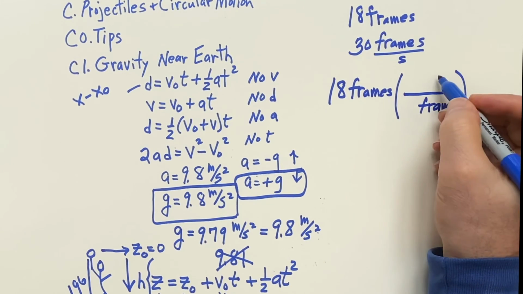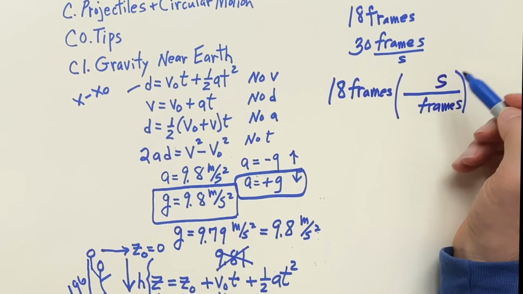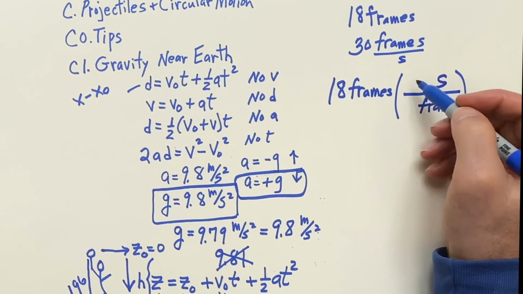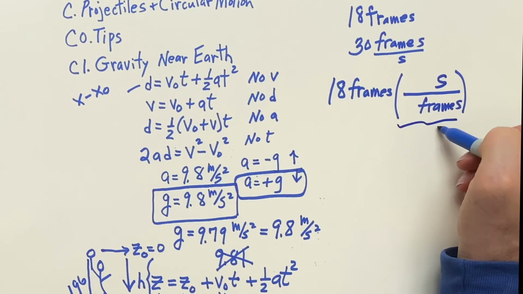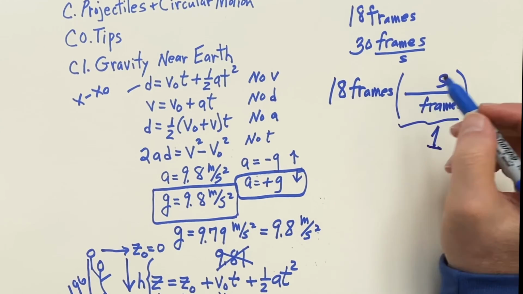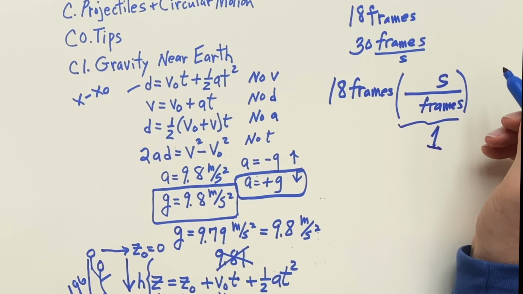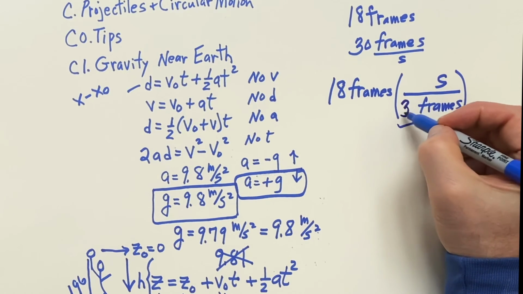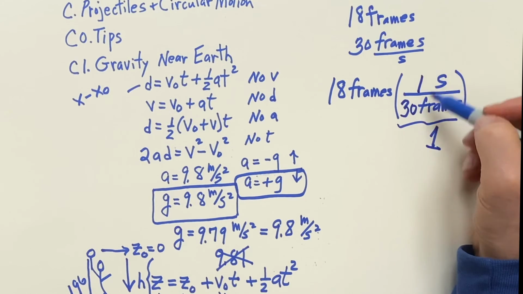So frames cancel, and then I get seconds. So now I have to fill in here to make this unity. So this is equal to 1. Doesn't change intrinsically what we're evaluating, just changing units. So that's going to be 30 of these frames for 1 second.